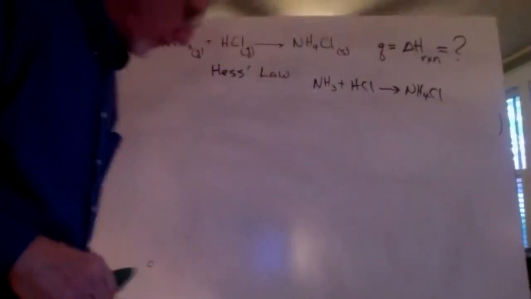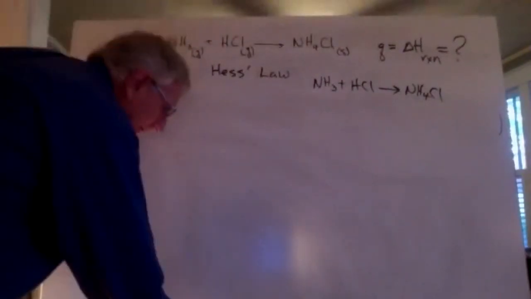And nature does this directly, right? The NH3 and the HCl collide with one another, and they react, and they form this new compound. And you'll get a very specific heat associated with it.